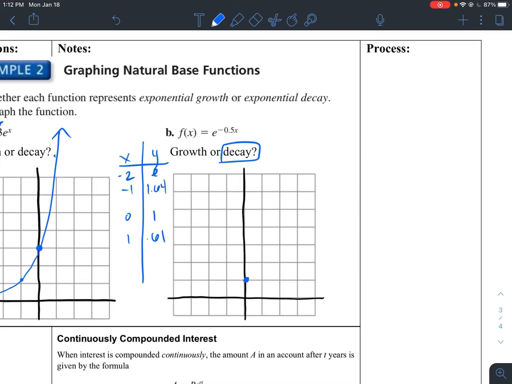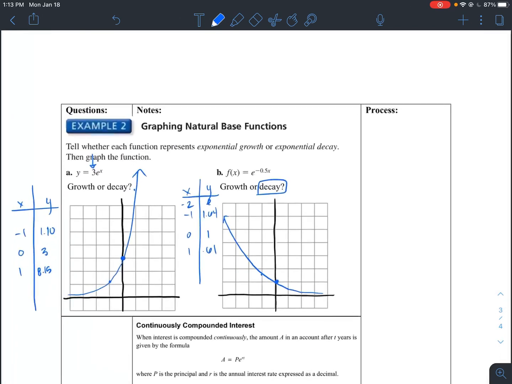So 2.7, here, 1.6, I get 2. That should be about right here. And then 2.718. This one's about like right here. In any case, we know the general shape and we know a couple of points, so we know it's just going to continue up like that. So it's decay because the y values left to right are decreasing.